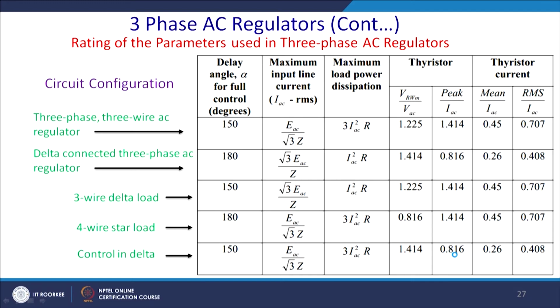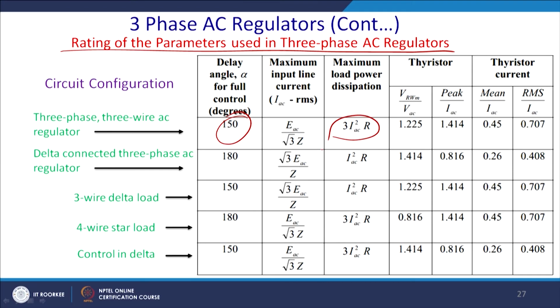So, 3-phase AC regulators, rating of the parameters used in the 3-phase AC regulator. For delay angle alpha of 150 degree, the maximum input line current is EAC by root 3 Z, and maximum power dissipation will be the same.